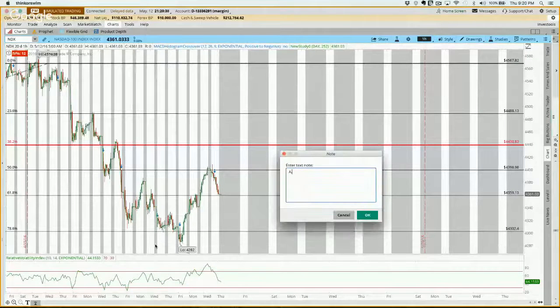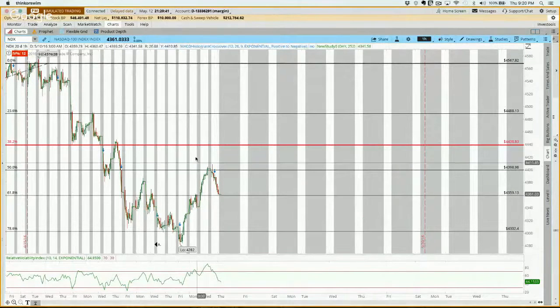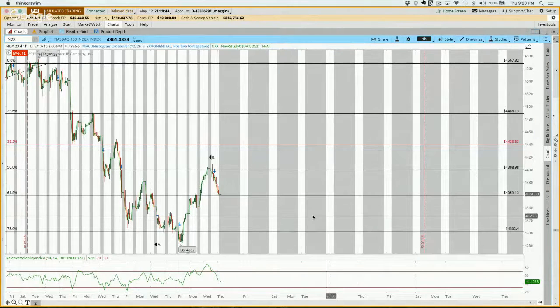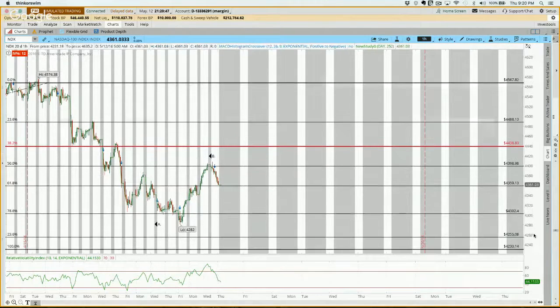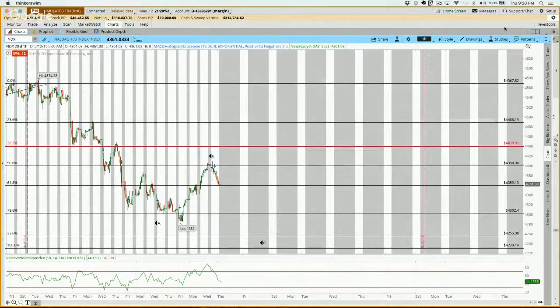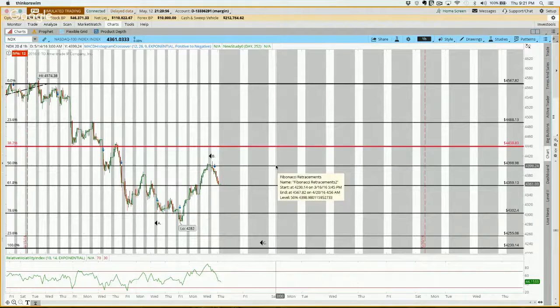So this will be A. This will be B. And C will probably be at the bottom. Right? So the question is, how do I get B?